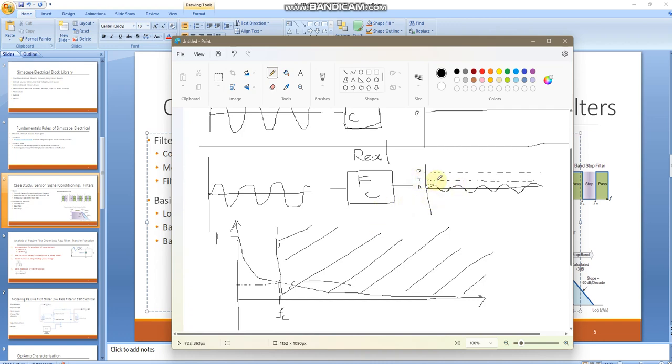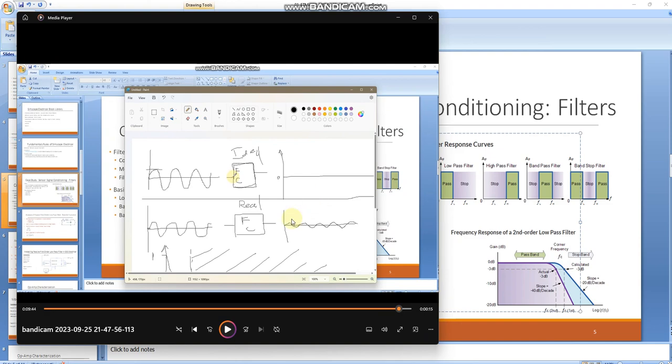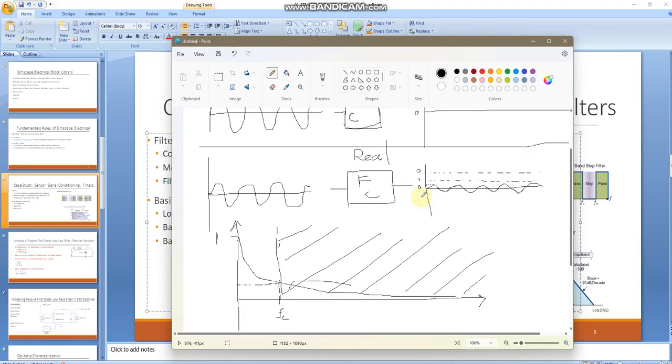Now the threshold is defined using the expression given over here and the amplitude of the input signal, and if the amplitude of the final signal is below this threshold, then it's considered as filtered out.